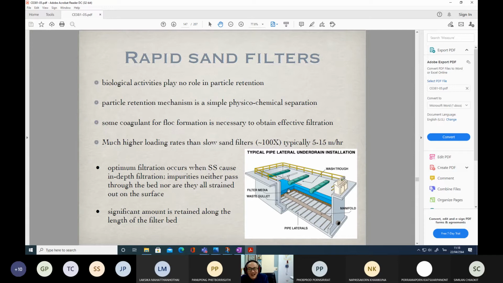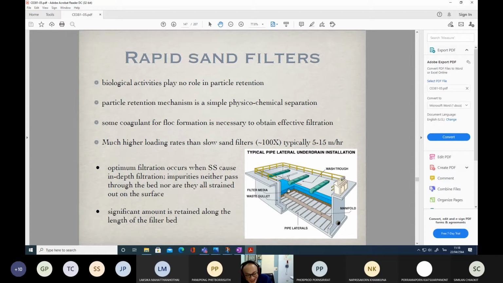For the rapid sand filter, as the filtration rate is very high, it could get clogged very fast. If the suspended solids are high, the filter may get clogged within 5 or 6 hours, but it depends on the suspended solid concentrations, or the turbidity.